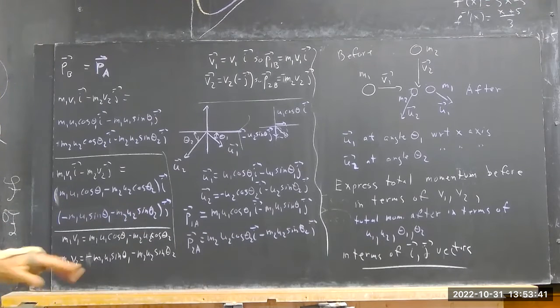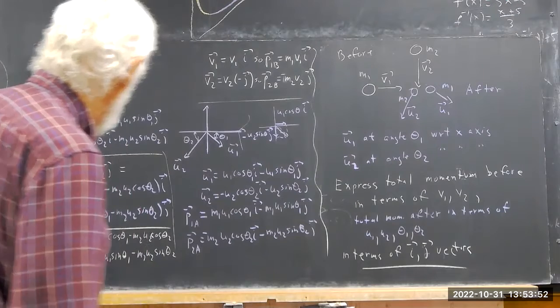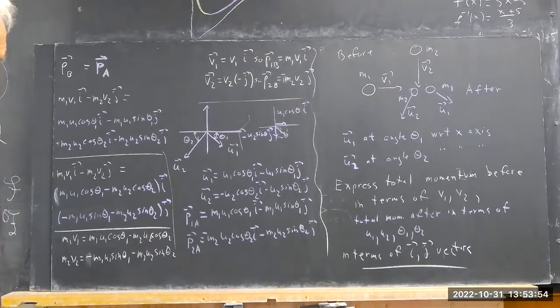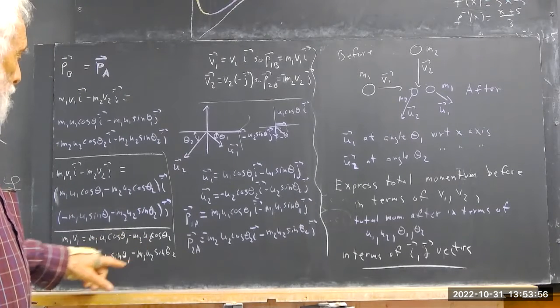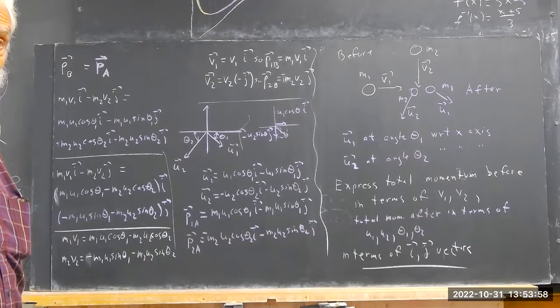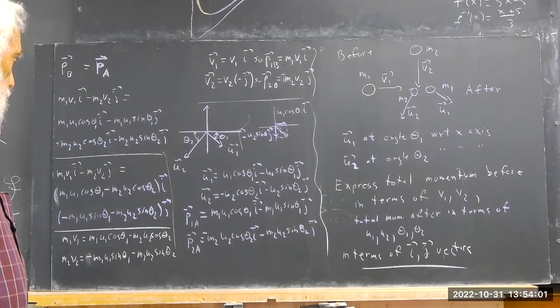Double check that. And now we have a system of equations that we can easily solve if we know enough information. So for example, if we know the speeds U1 and U2, that's all we need to solve for theta 1 and theta 2.